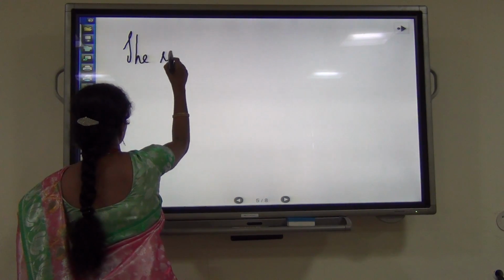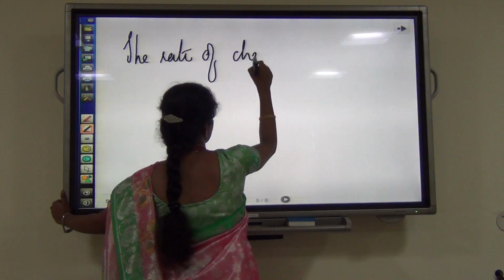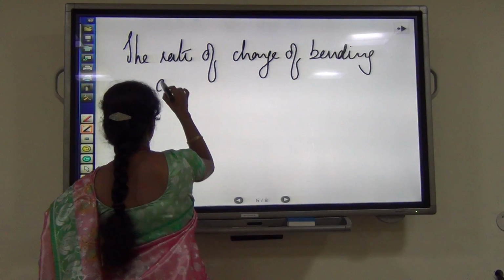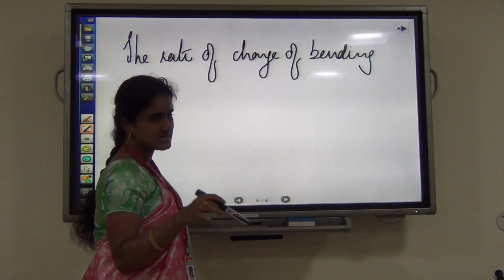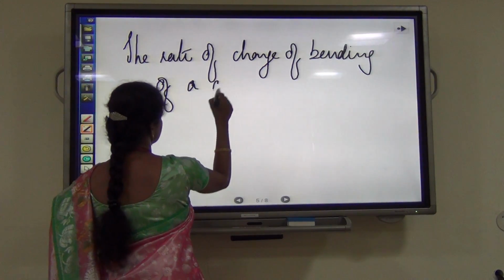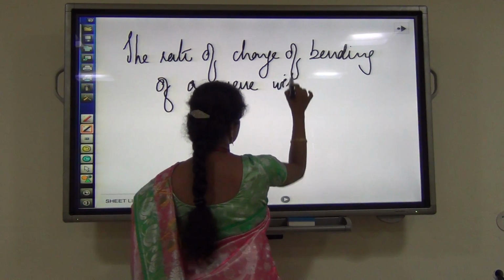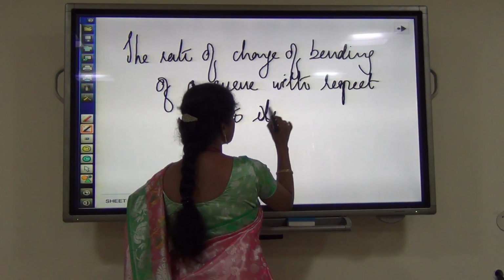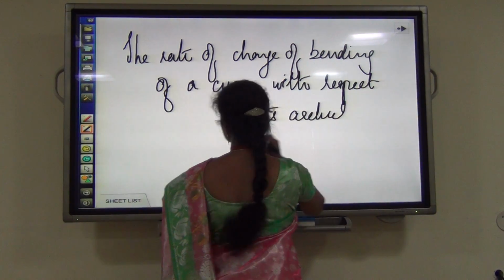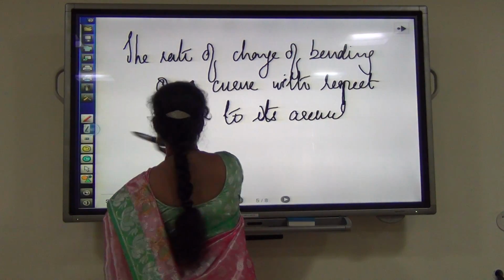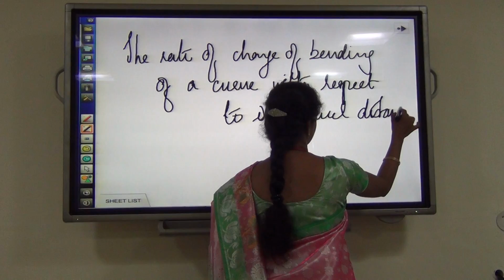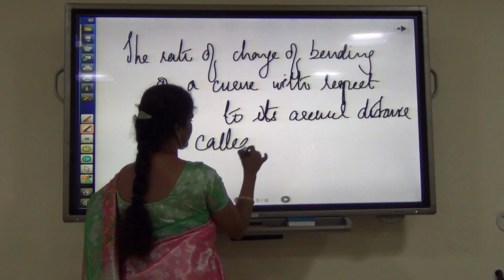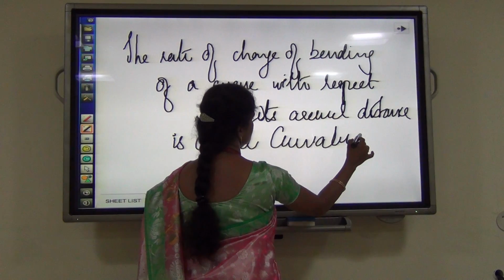The rate of change of bending of a curve at any point, and that point is nothing but the point P, with respect to its arc distance, is called curvature.